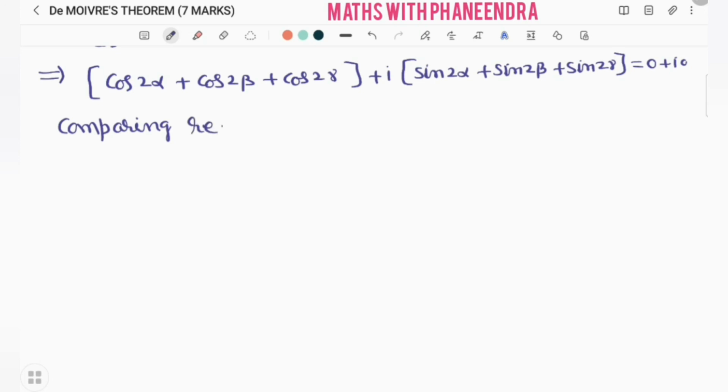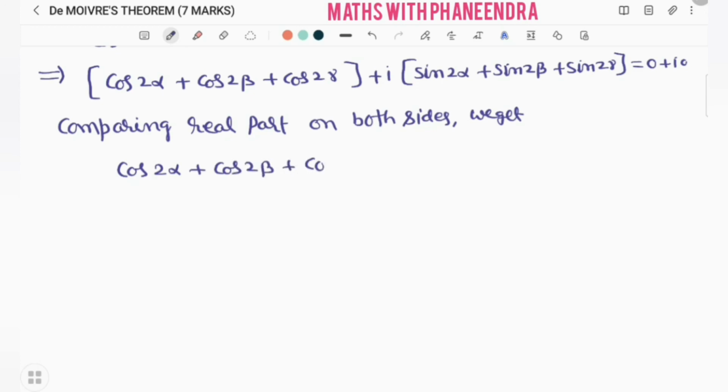Comparing real parts on both sides, we get cos 2 alpha plus cos 2 beta plus cos 2 gamma is equal to 0. We are comparing only real parts on both sides here, students. These are the real parts.